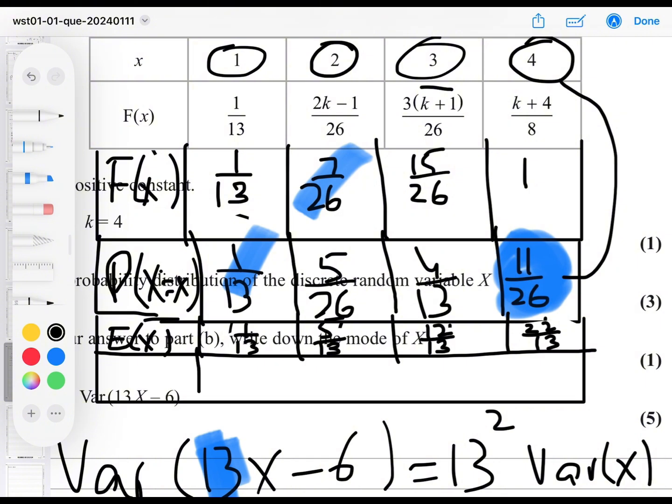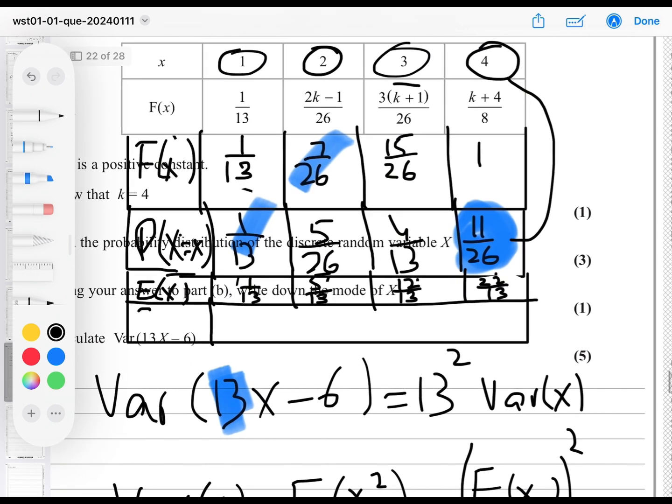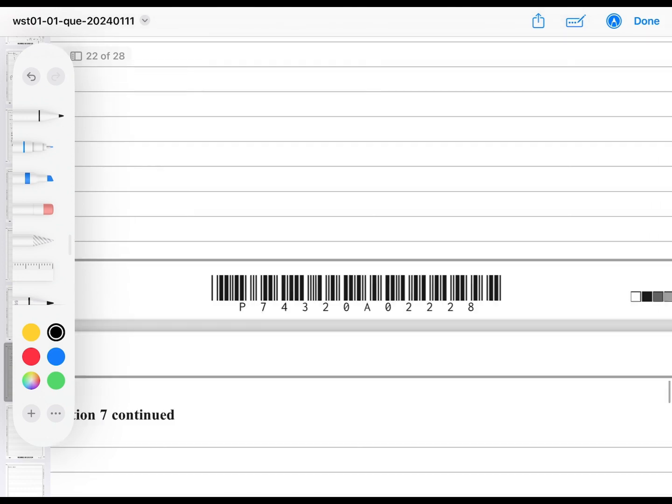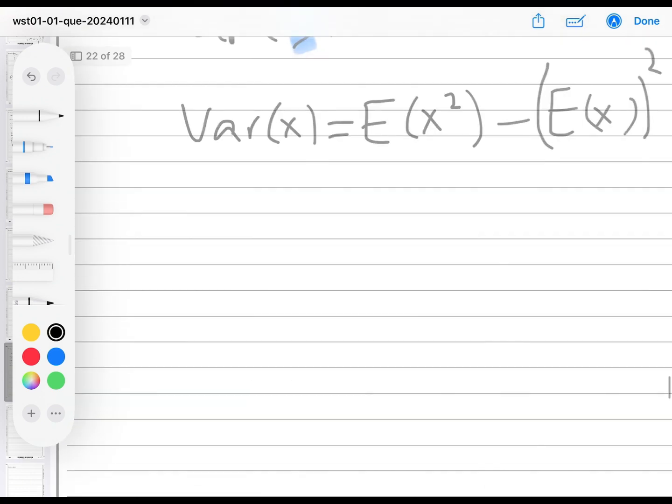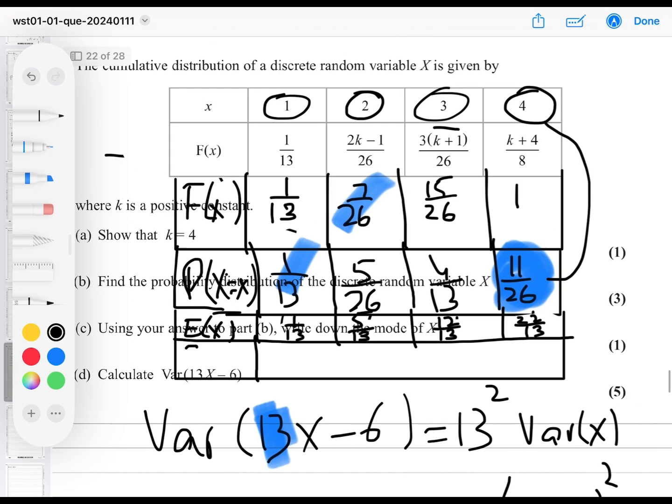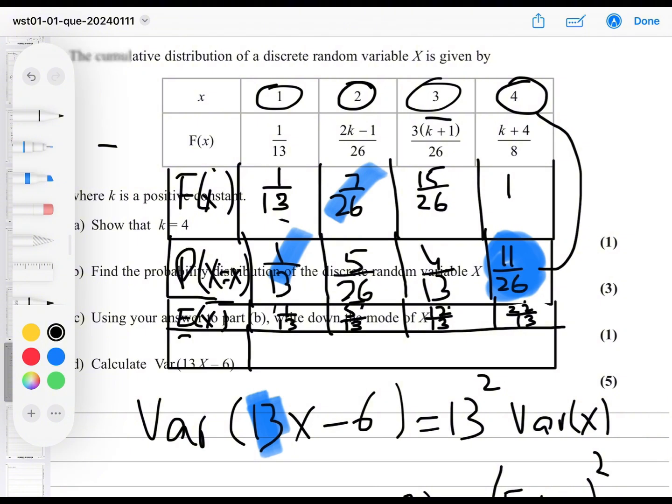Okay, so now the other thing, x square. It's a bit untidy, you have to make it very clear because you have a space there. I'm focused on the question, so it's a bit untidy, but I hope it's clear what I'm doing. So now I will take the squares, for this one E of x square.